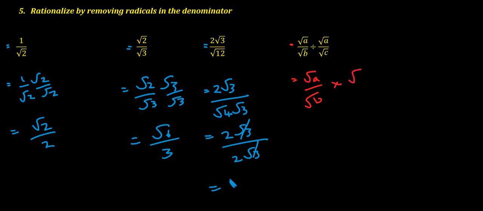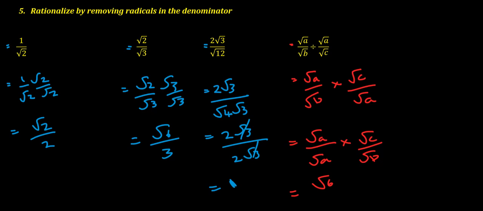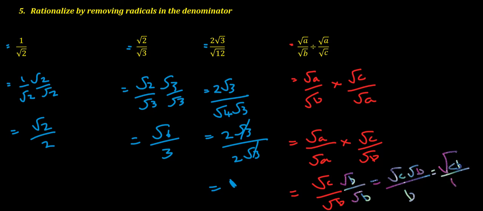We invert the second fraction, and we can rewrite this as the root of A over the root of A multiplied by the root of C over the root of B. This just simply gives 1, so we are left with the root of C over the root of B. So we rationalize by multiplying numerator and denominator by root B to give root C times root B all over B, which is the root of CB over B.